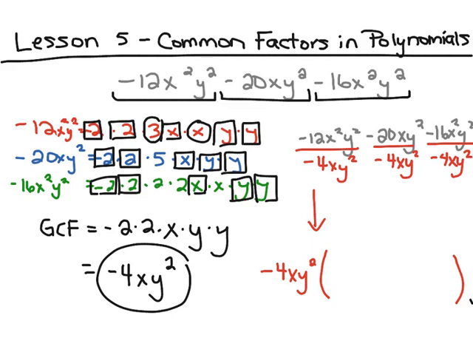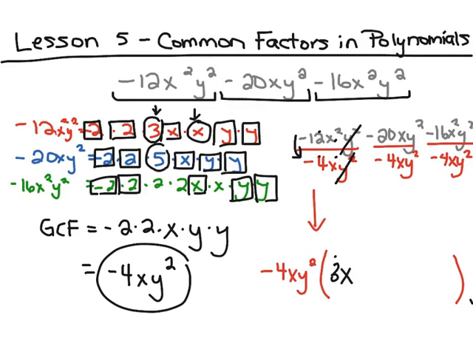So negative 12x squared y squared divided by this will be 3 and an x. Another way you can do this is negative 12 divided by negative 4 is 3. X squared divided by x, remember we subtract our exponents, is 1x, and the y squareds will cancel each other out.